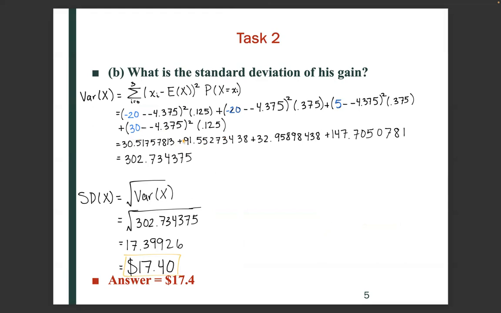So when you simplify all of this, you get 302.734375. And then to find the standard deviation, you will take the square root of that and get 17.39926. So when you round, you get 17.40. So $17.40 is the standard deviation of his gain.